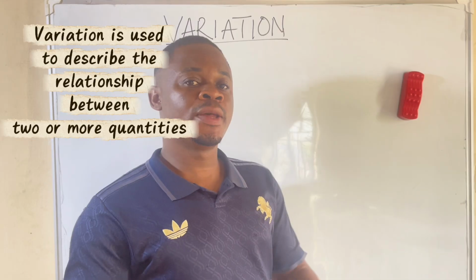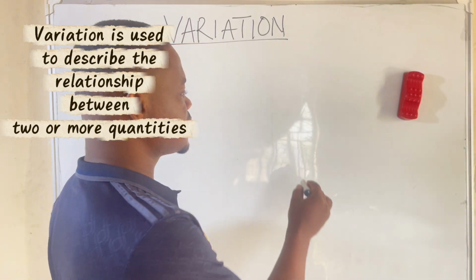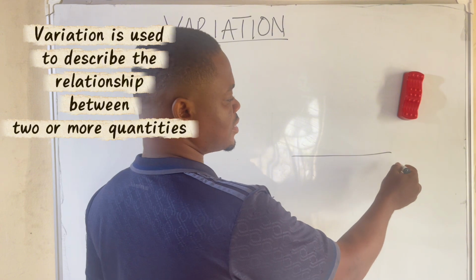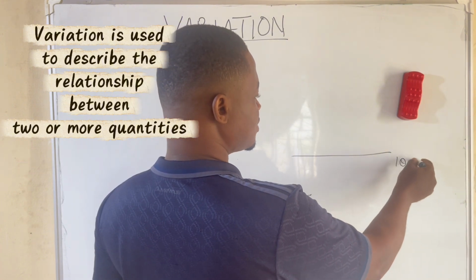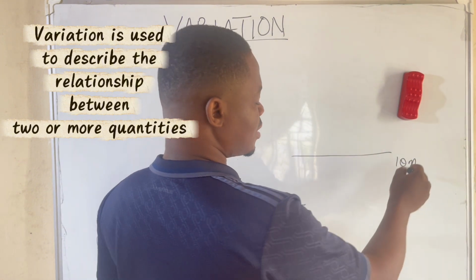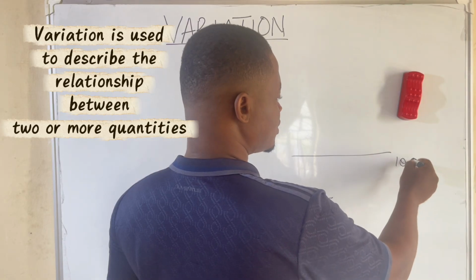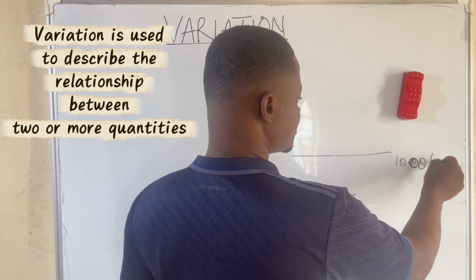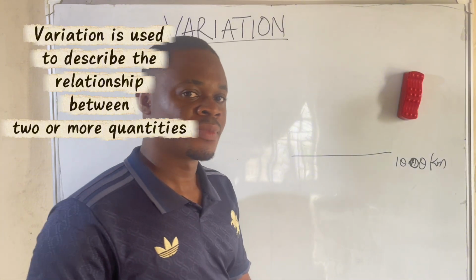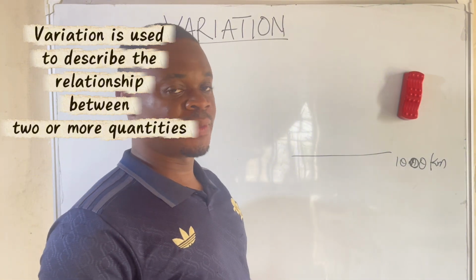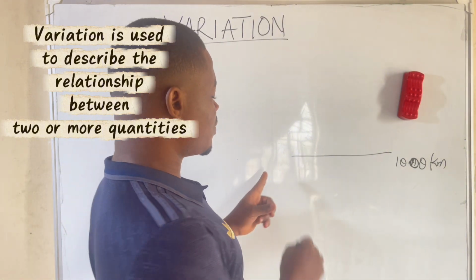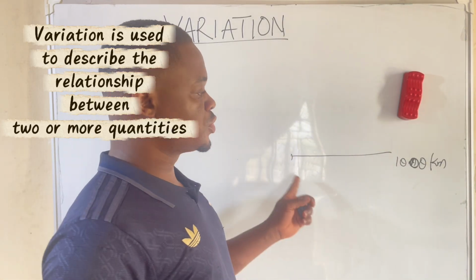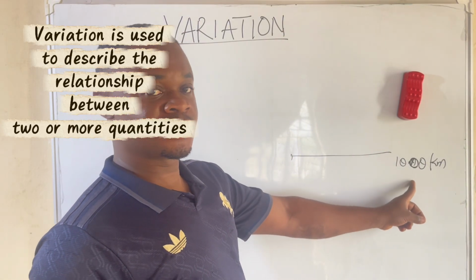If you want to go to a particular location, let's say that this is the distance, and this is 1000 kilometers, and you want to go from here. This is where your car is parked, and you want to go from here to this place.